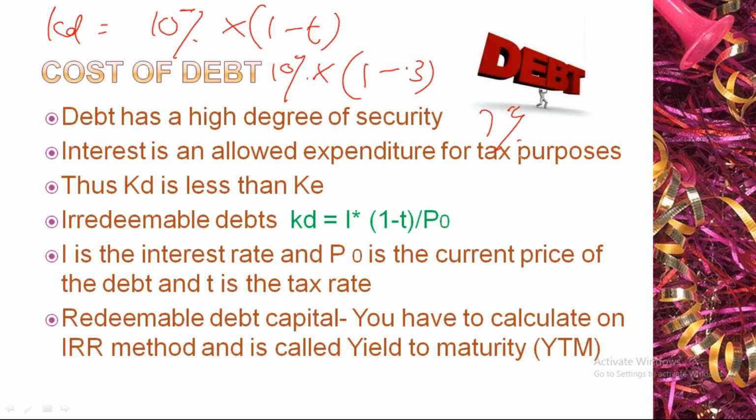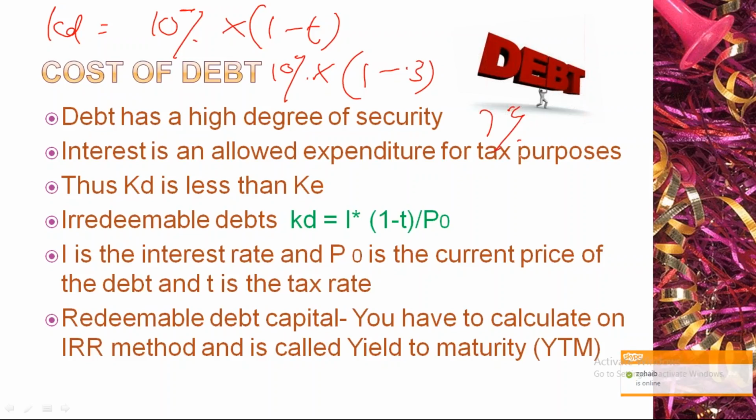T is the tax rate. In this case it is 0.3, 30% means 0.3, 1 minus 0.3. So 1 minus 0.3 is 0.7 times 10% is 7%. Is it clear?